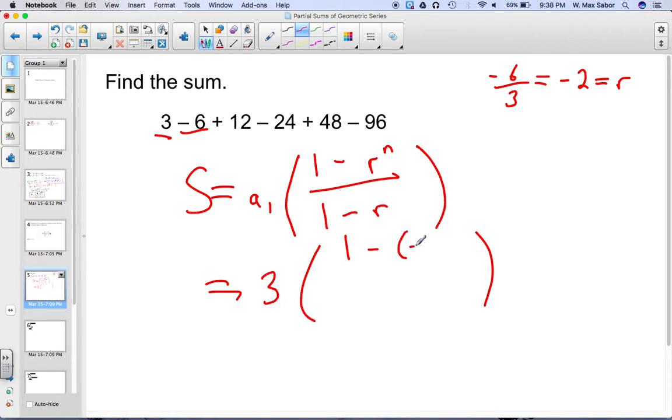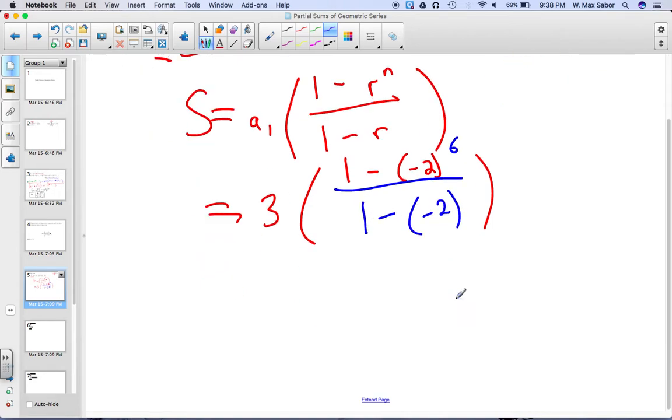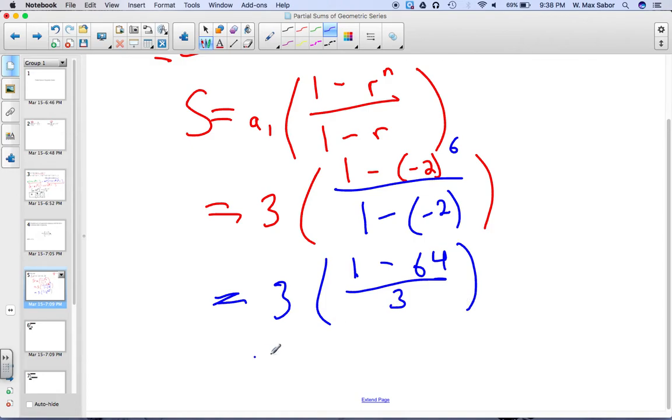So 1 minus negative 2, watch for the parentheses, to the nth. How many are there? 1, 2, 3, 4, 5, 6. Over 1 minus negative 2. And now we simplify. 3 times 1 minus negative 2 to the 6th, which is 64. And now the 3's cancel, and we get 1 minus 64, which is negative 63.